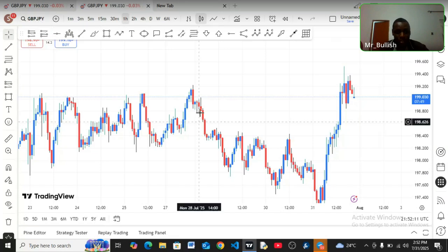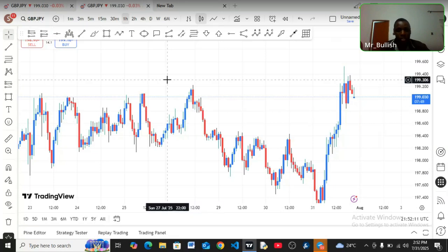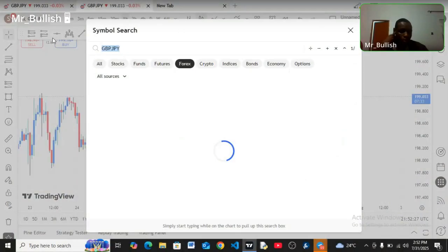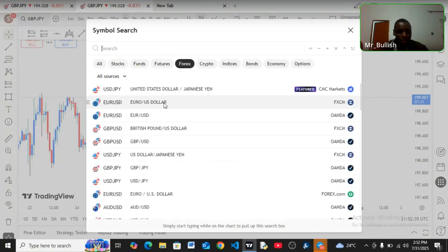Now, the first currency in the pair is called the base currency, while the second one is called the quote currency. That is how it works for all currency pairs. Let's see what I'm talking about. We have EUR/USD and GBP/JPY. In EUR/USD, the euro is your base, the US dollar is your quote.